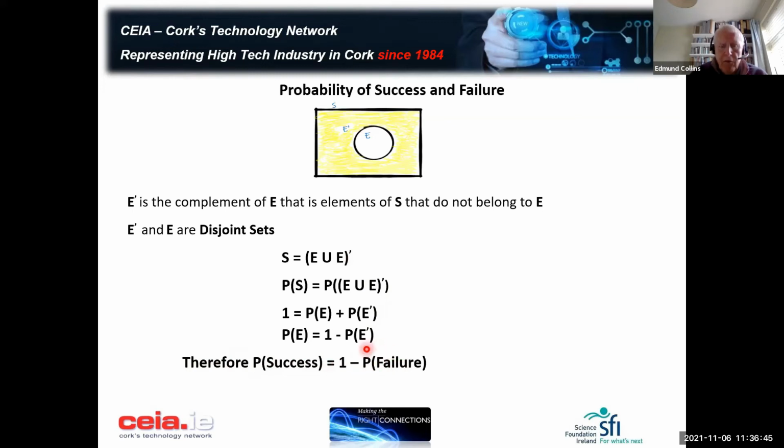So again, if it's easier to calculate in a question the probability of failure, and the question is asking what's the probability of success, calculate the probability of failure, and then take that away from 1, and you'll get the probability of success. And we'll see that now in a minute.